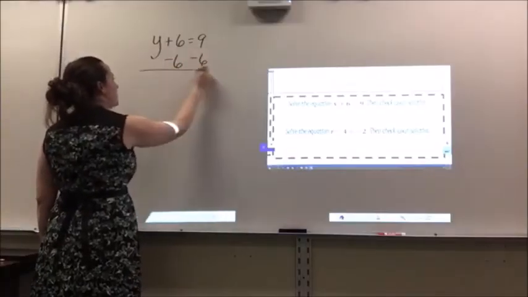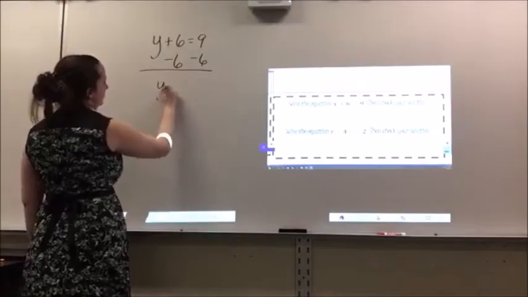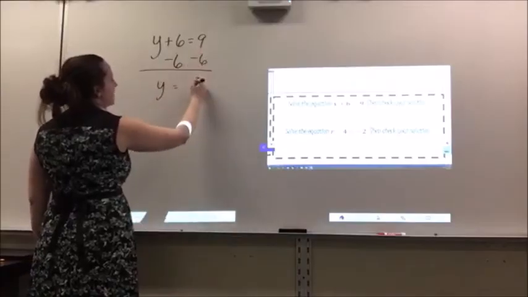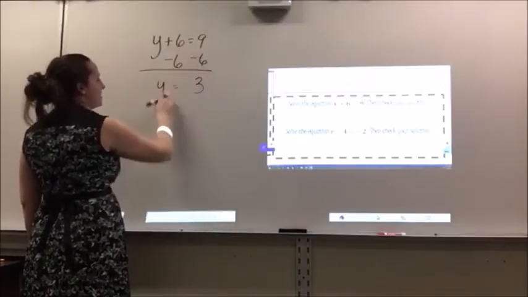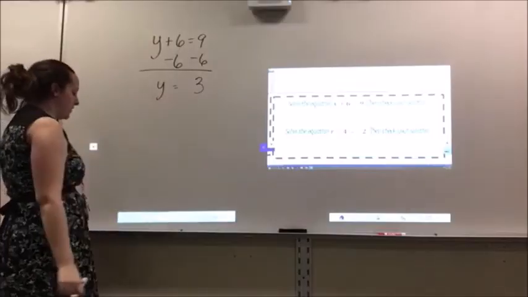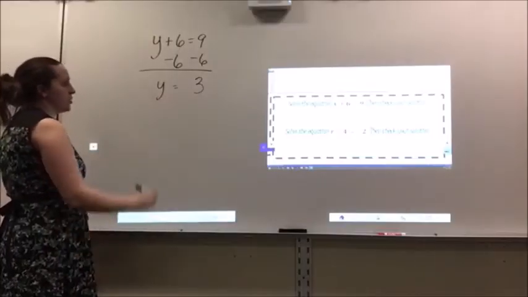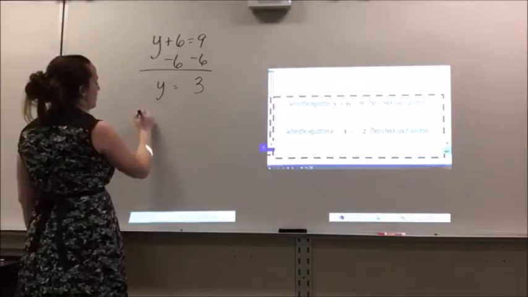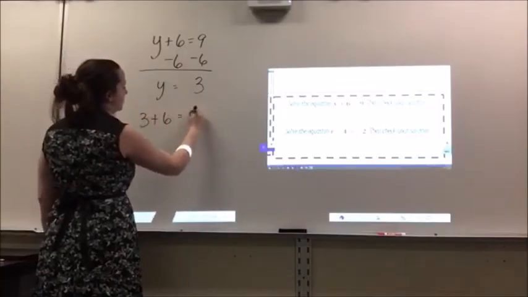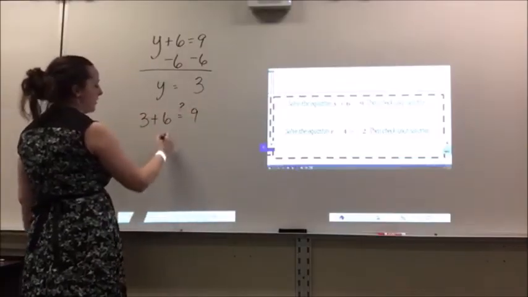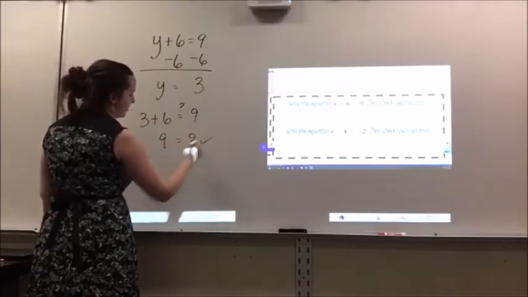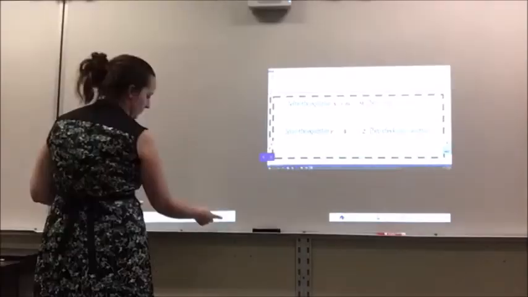So I subtract 6 from both sides. 9 minus 6 is 3. 6 minus 6 is 0, so I'm left with just y on this side. So y equals 3. I can double check this by doing 3 plus 6 equals 9. 3 plus 6 does equal 9, so 9 equals 9, so that is correct.